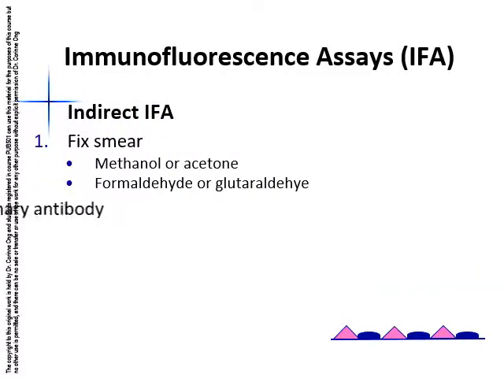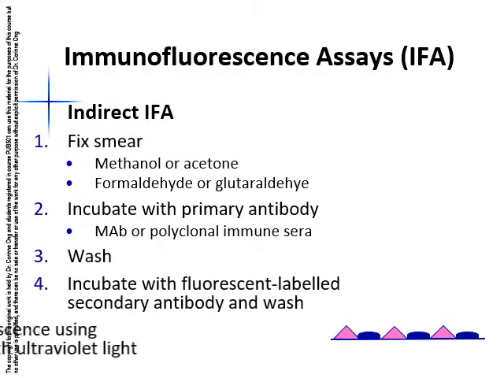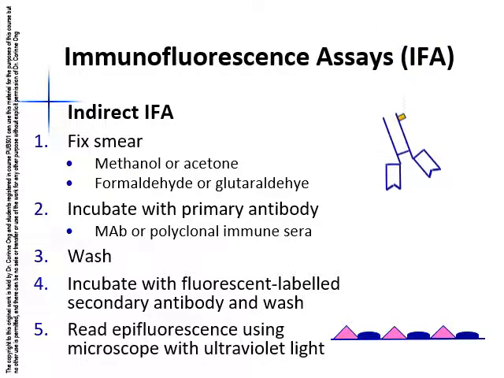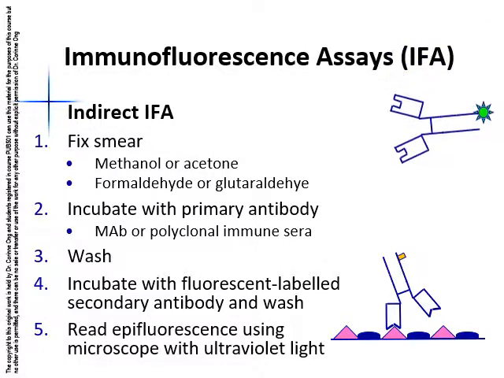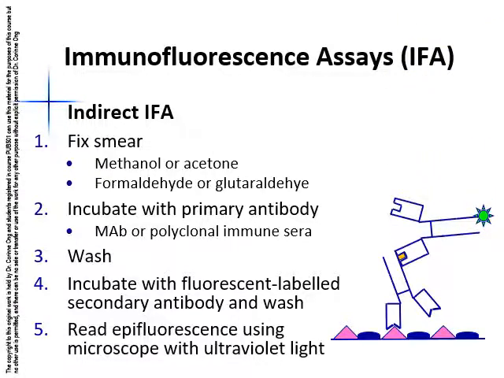Indirect immunofluorescence assays are even more similar to ELISAs, as there is an added step with a second antibody. Usually, polyclonal immune serum is used for detecting antibodies to specific antigens. A monoclonal antibody may also be used if specific antigens are being detected.